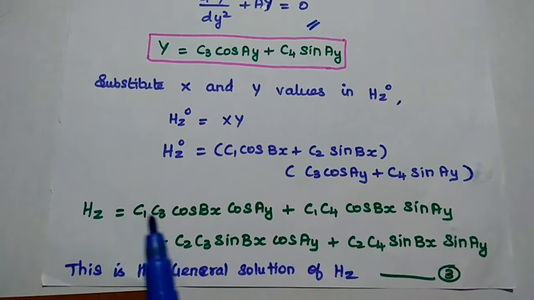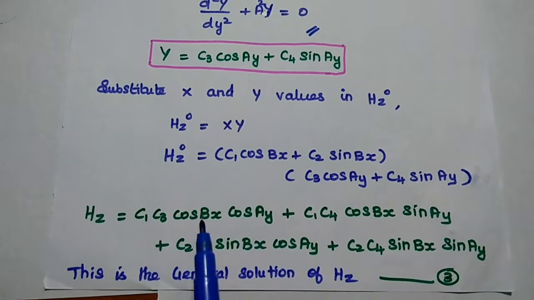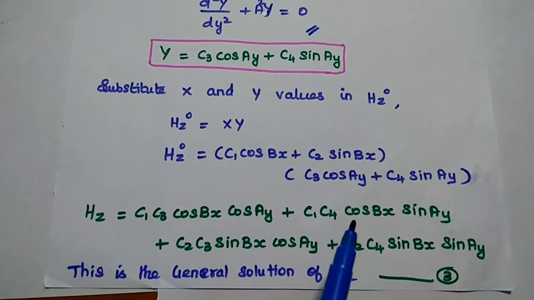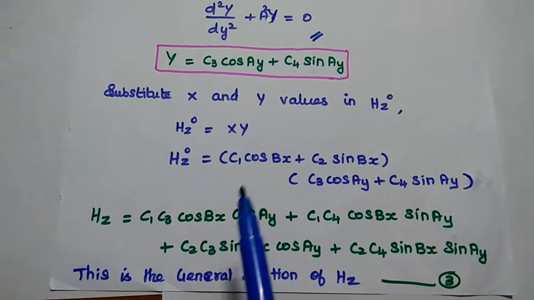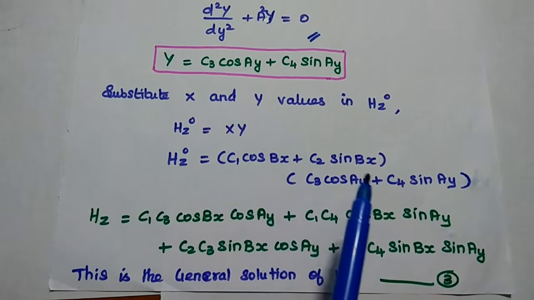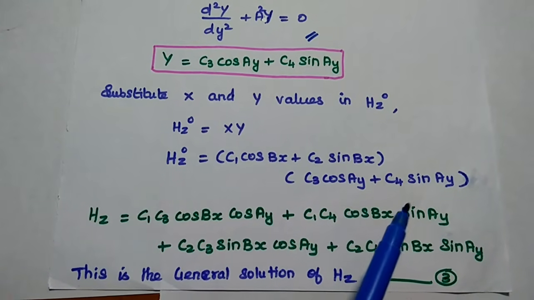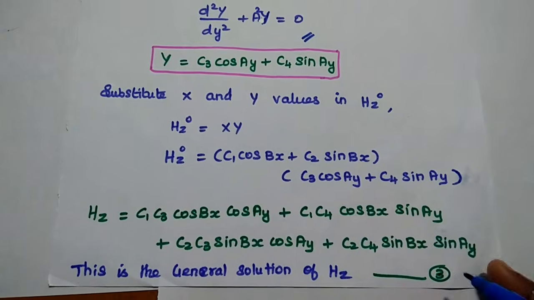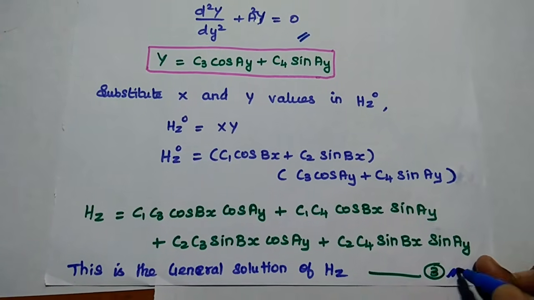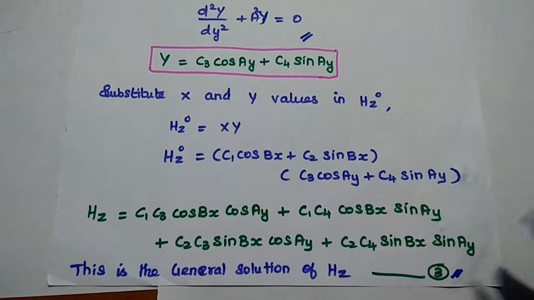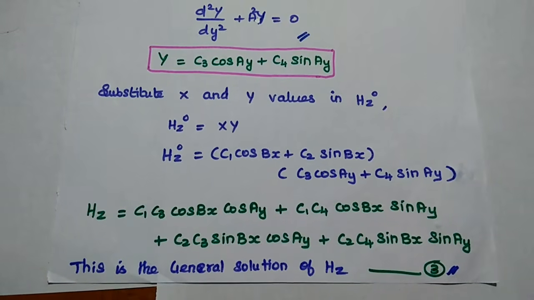Then we get Hz = c1c3 cos bx cos ay + c1c4 cos bx sin ay + c2c3 sin bx cos ay + c2c4 sin bx sin ay. So here we can consider this as the general equation of the Hz component. Consider this as the third equation.